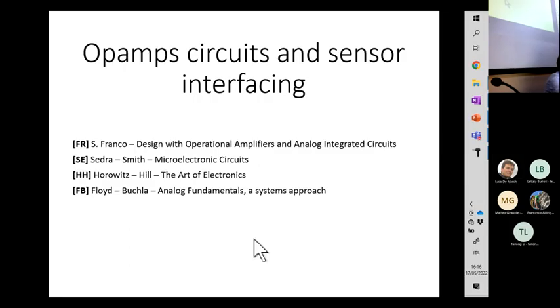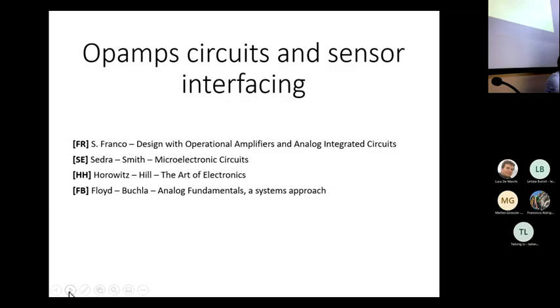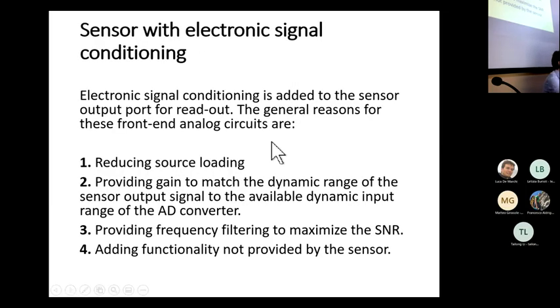Okay, so let's review the basic tasks which should be made with analog circuit design. So why is signal conditioning needed?